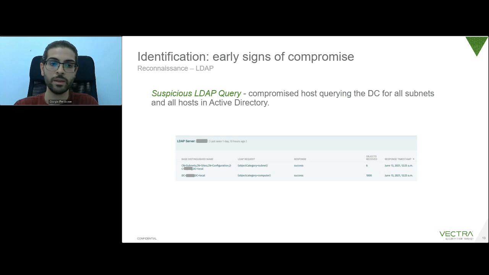And usually I will not expect one of my legitimate users to run a broad query like this, because you should have probably your own CMDB, your own database with your assets, so you don't need to run a query to get all of the assets from your domain controller, at least in a general scenario.